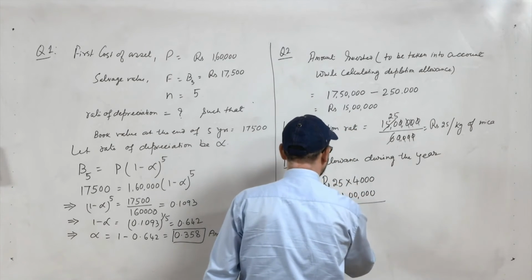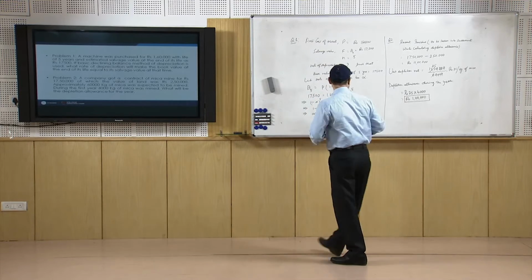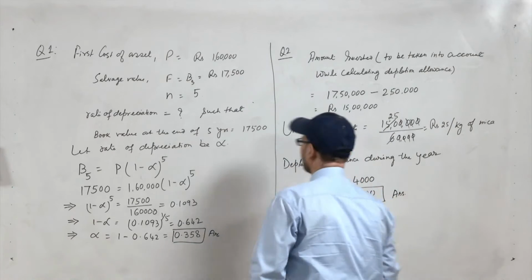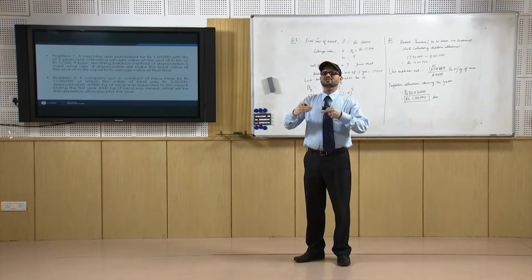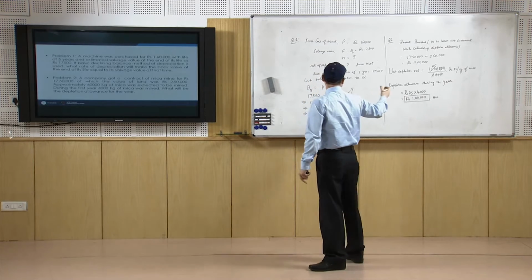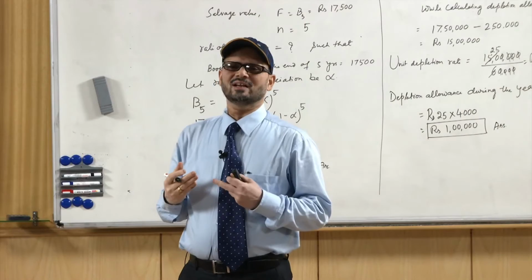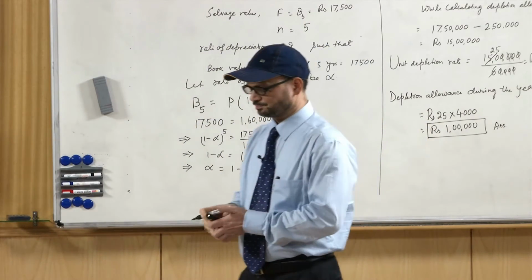This rupees 1 lakh is the depletion allowance which is the answer for this question. Basically here it is similar to the cost percentage basis of depletion, and the same concept as the unit of production method is adopted. It has been used here to find the answer.